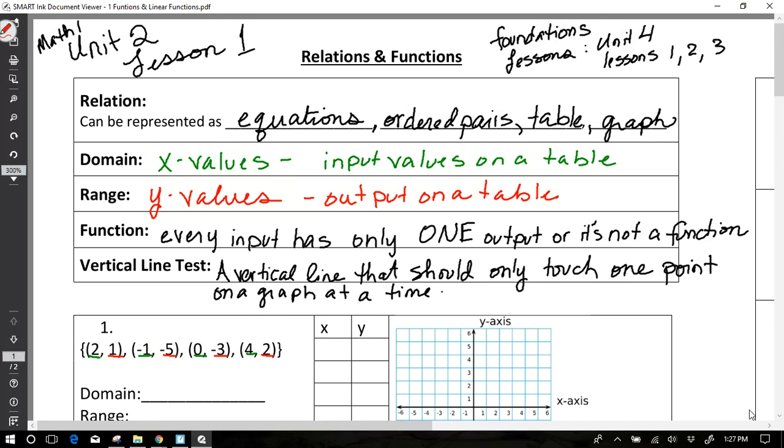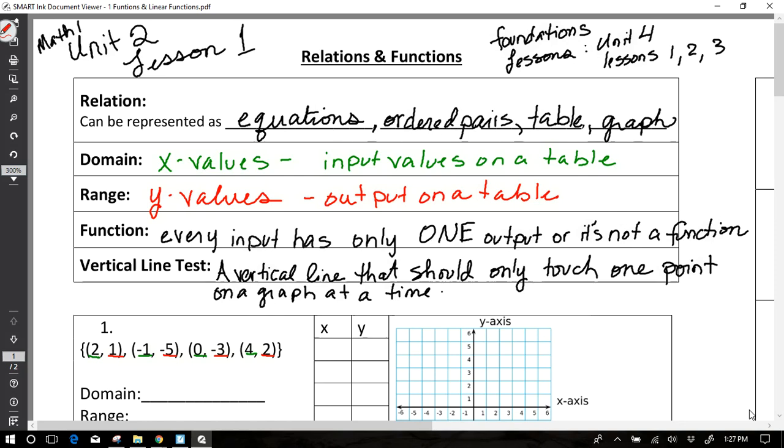The last thing that we'll need to do today is to determine if our relation is a function or not. Remember, there is one way to be a function. Each input value can only be matched with one output value. If that is not happening, then we do not have a function.